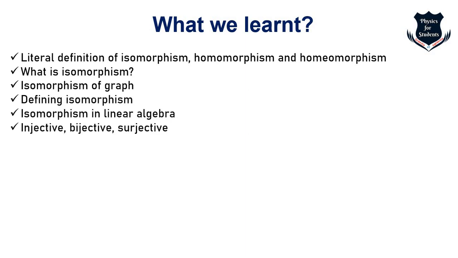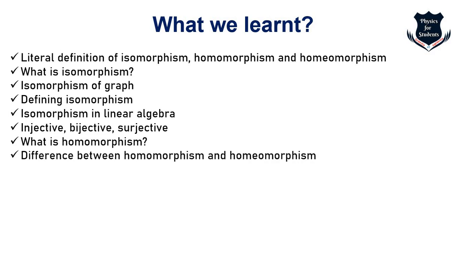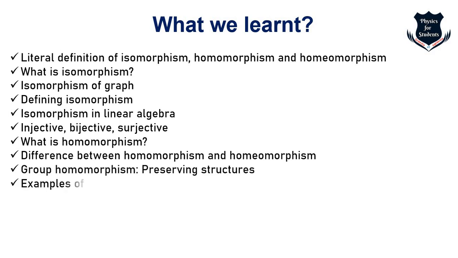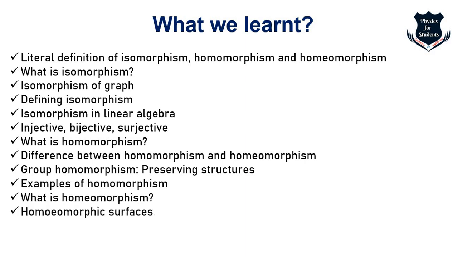We have shown sufficient examples through which the operations are preserved: injective, bijective and surjective. Very trivial, very clear. Then, what is homeomorphism, the difference between homomorphism and homeomorphism. Group homomorphism, how it preserves structures, examples of homomorphism, what homeomorphism is, what the different homeomorphic surfaces are, and how we can build homeomorphic surfaces.